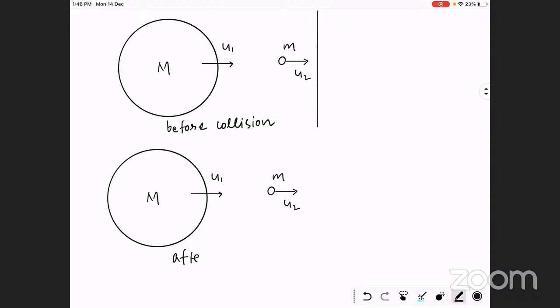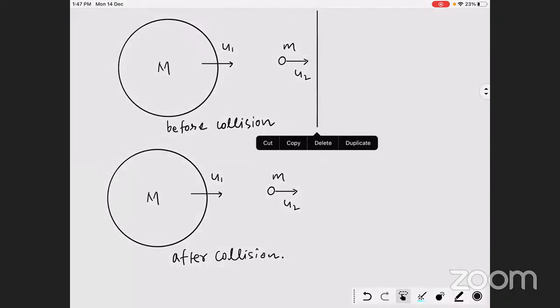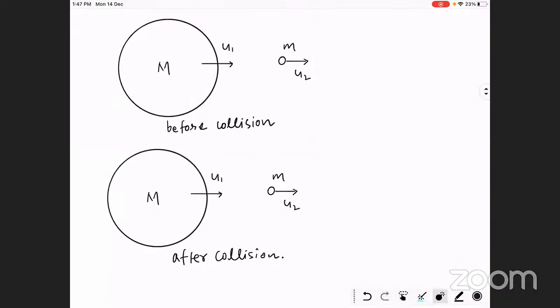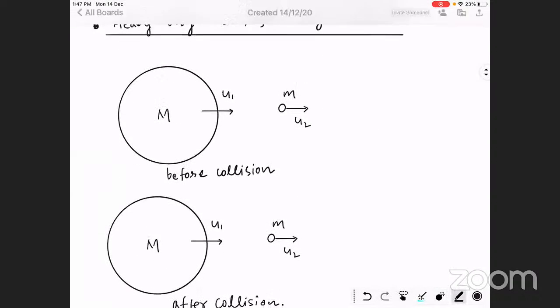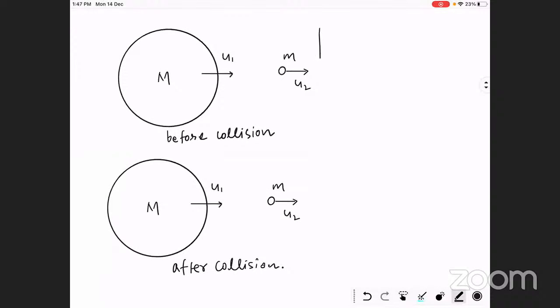This picture is after collision. बताइए किसको फर्क पड़ने वाला है? Guess whose velocity is not going to change? Who is going to remain unaffected? किसको कोई फर्क नहीं पड़ता? Capital M.